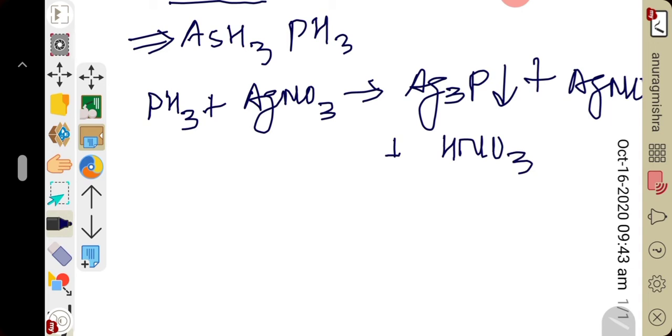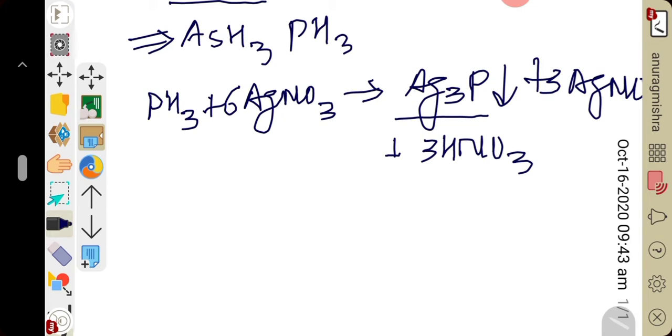In this way, the impurity of phosphine is removed. To balance it, you have to put the stoichiometric coefficient 6, with silver nitrate AgNO3 a coefficient 3, and with nitric acid 3. Right? Now the phosphine impurity is removed.